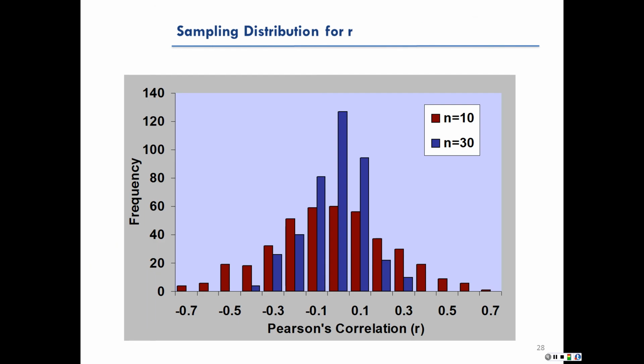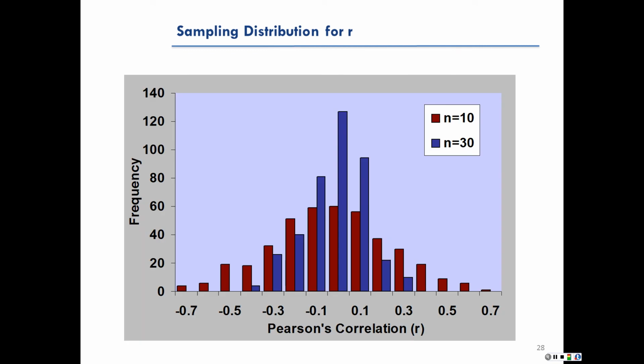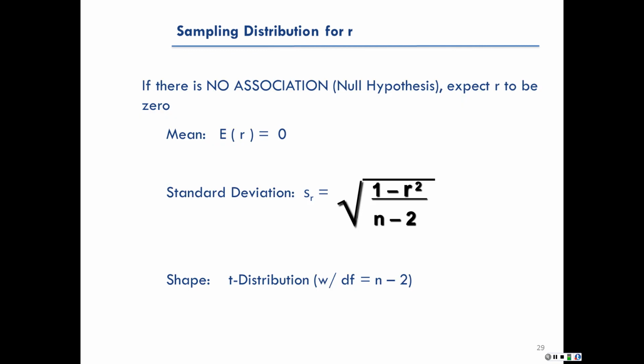Okay, so it turns out that r, the correlation coefficient, has a sampling distribution. And remember, I said it ranges from -1 to +1. The mean is around 0. And so, as you can see, this sampling distribution appears to have a fairly normal shape. And so, the good news about that is that this distribution actually corresponds to a t-distribution.